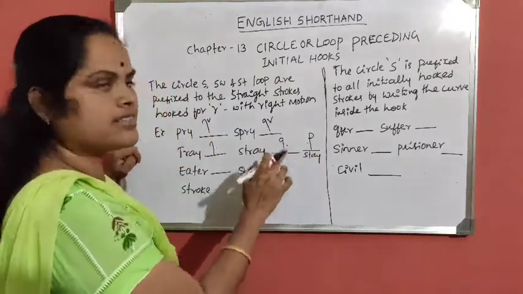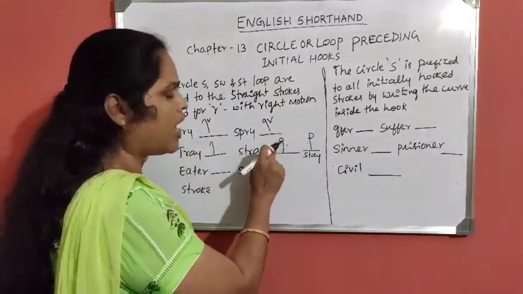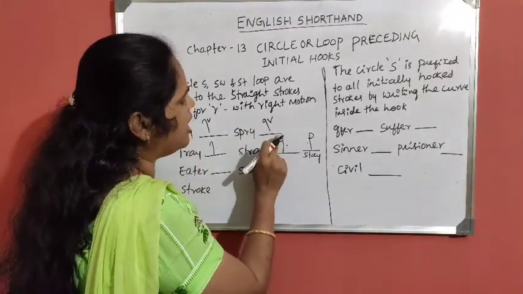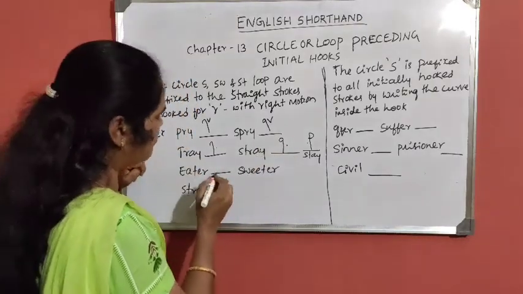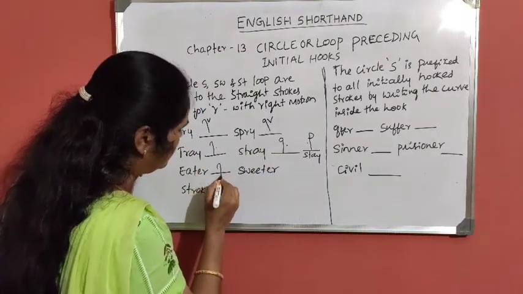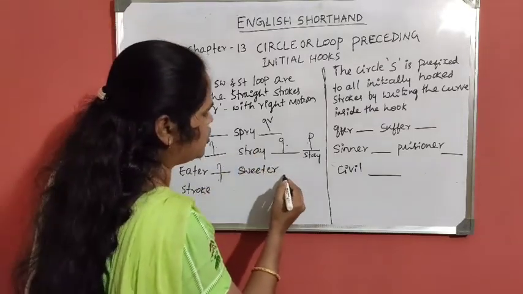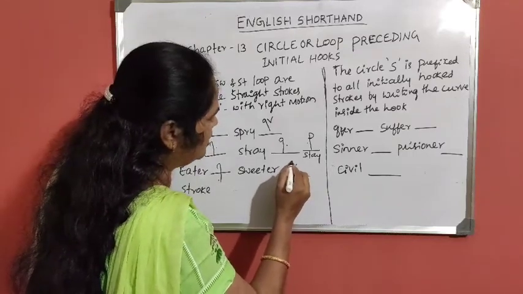If you write the circle with the right motion, then it includes R hook also. Please remember this. Circle S, R hook with T. This is stray. In the same way, eater, T through the line. Then this is sweeter. Sweeter is SW circle with T.